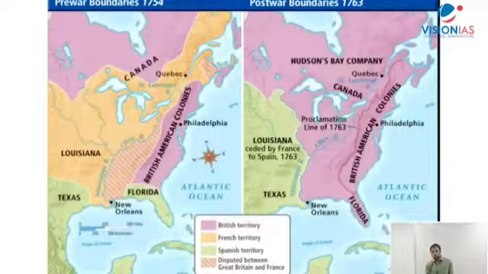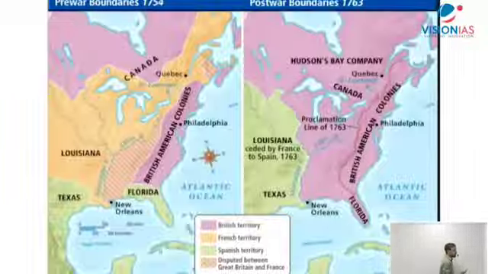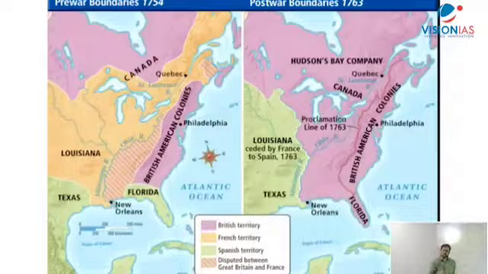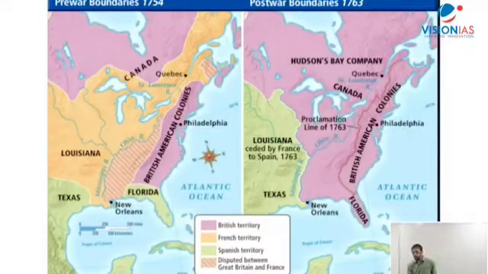So to deal with the financial impact of these wars, they were looking to improve their revenue inflow. One of the ways was to impose more and more taxes on their American subjects, and now they could afford to do so because the possibility of French collusion was minimal at this point of time.